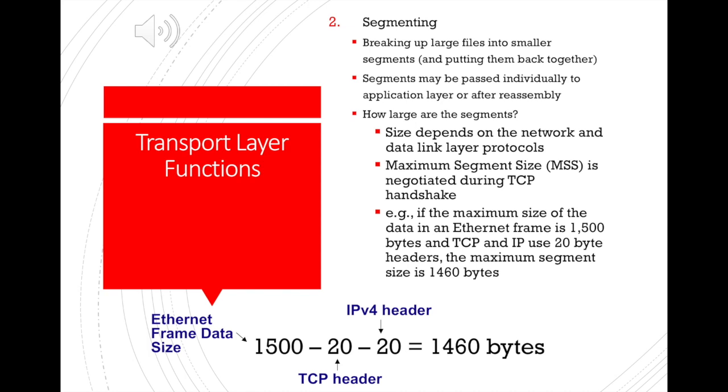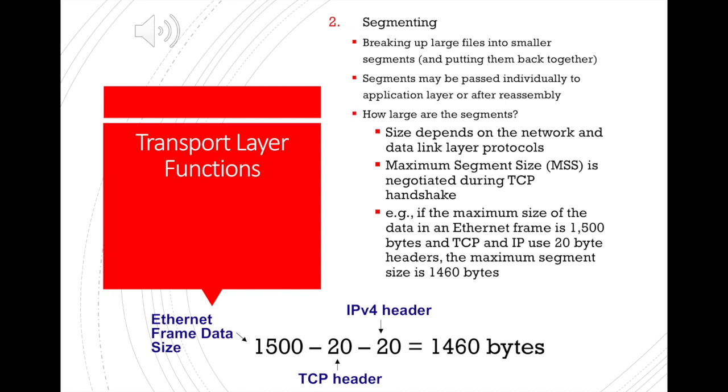So how large are segments? Again, I've talked about the negotiation and the handshake. Size depends on the network and the data link layer protocols. MSS is the maximum segment size, and again, that's negotiated or agreed upon during the TCP handshake.